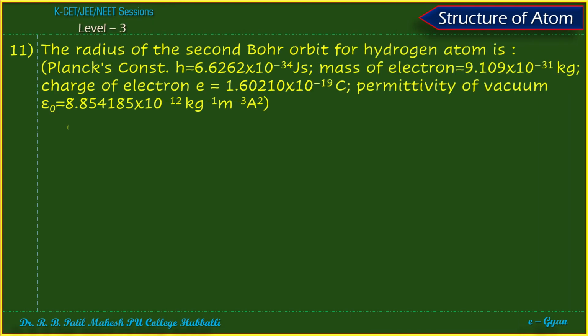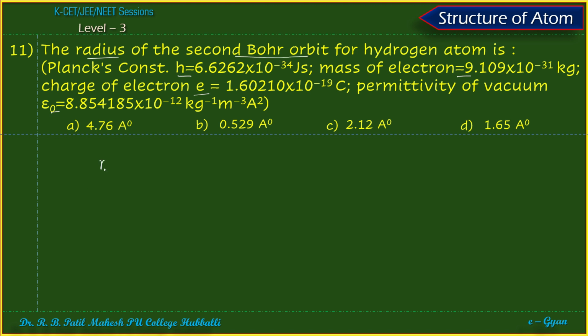Question number 11. The radius of the second Bohr orbit of hydrogen atom is asked; Planck's constant, mass of electron, charge of electron and permittivity of vacuum are given. To identify the radius of the second Bohr orbit, we have the formula Rn is equal to 0.529 n square divided by Z Angstrom unit.